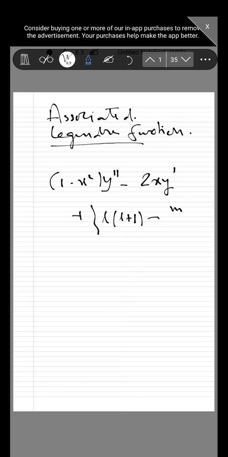This comes in spherical harmonics, a very useful equation. And there are two parameters here. You can see in the last it was only n. Here we have m and l as well.